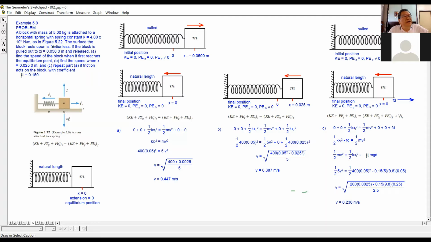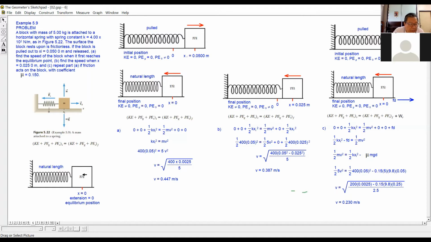The surface the block rests upon is frictionless. The block is pulled out to 0.05 meter and released. So it means like this. At first, it is like this, right? At first, it's like this.